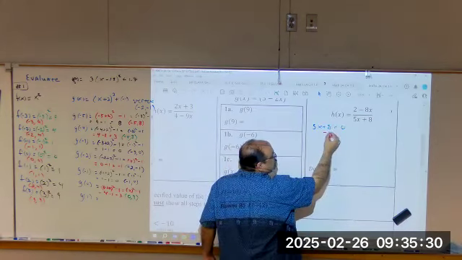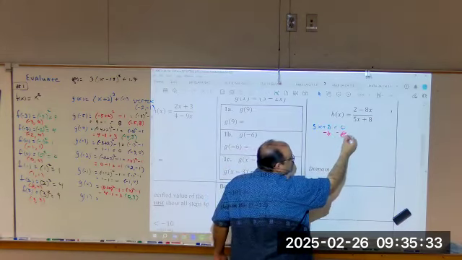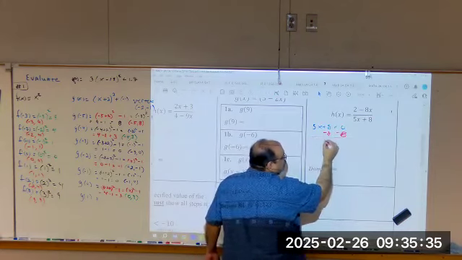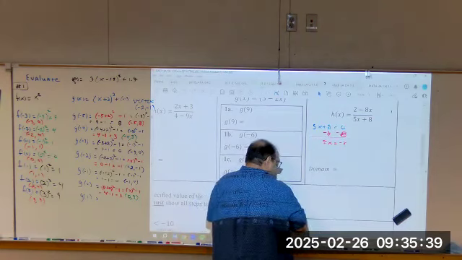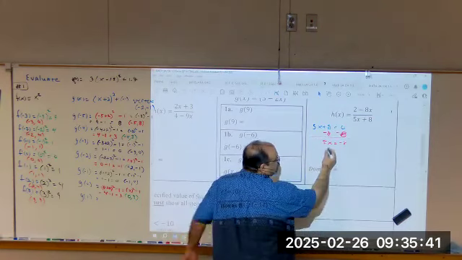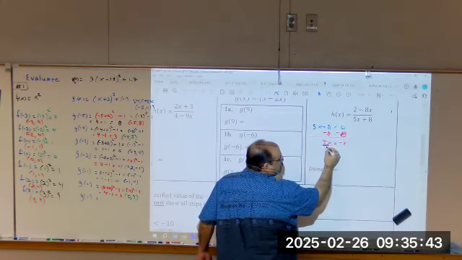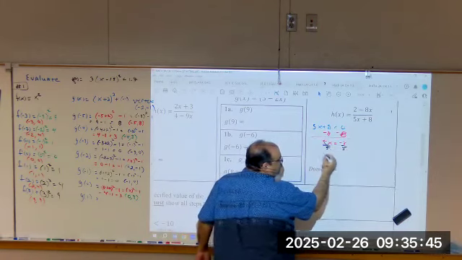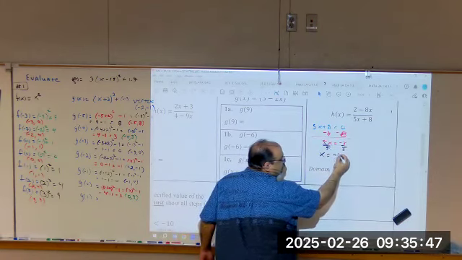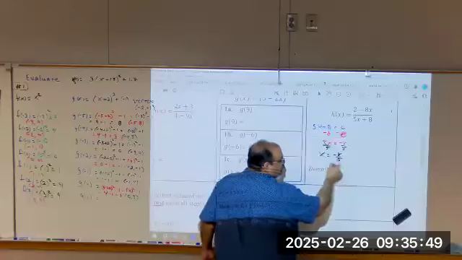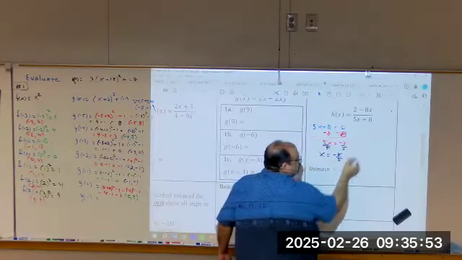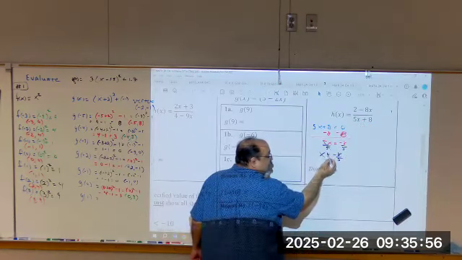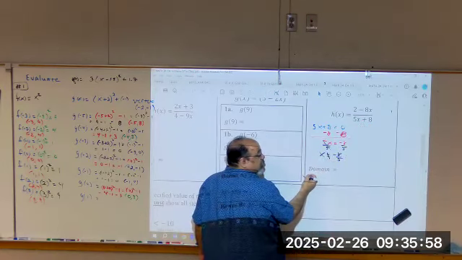We subtract 8 and end up with 5x equals negative 8. Divide by 5. If x is equal to negative 8/5, this would be 0 in the denominator. So therefore, x can equal everybody except negative 8/5.